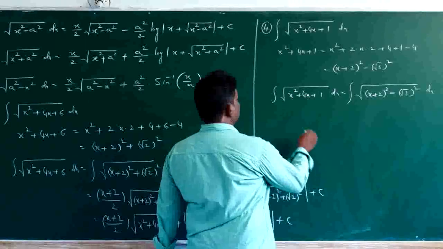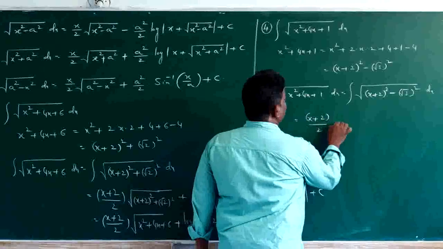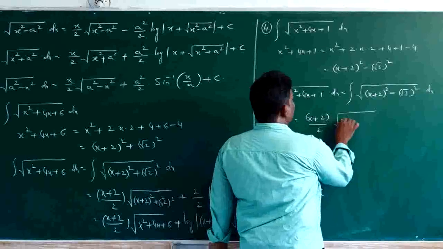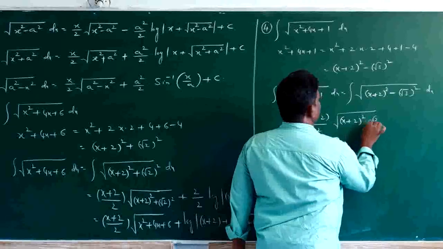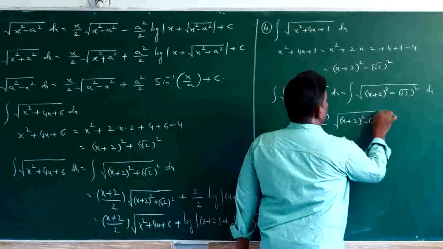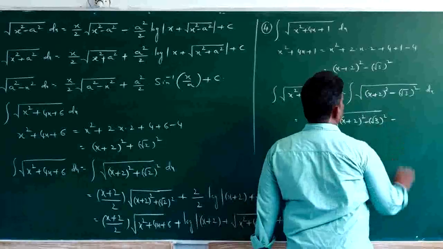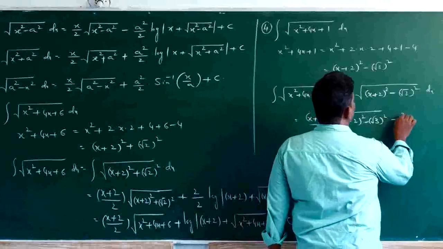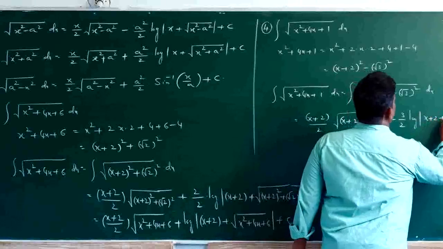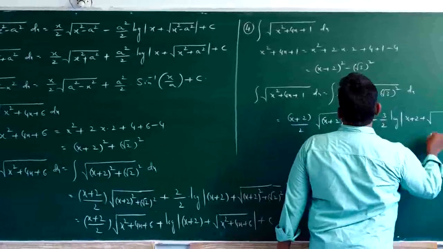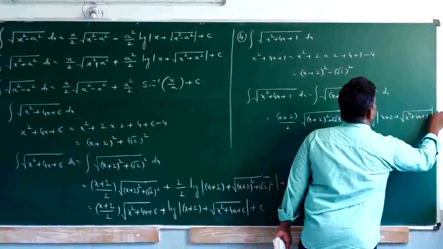That is equal to x plus 2 by 2 into square root of (x plus 2) whole square minus (root 3) whole square, minus a square by 2, which is 3 by 2, log of x plus 2 plus square root of x square plus 4x plus 1, plus c.